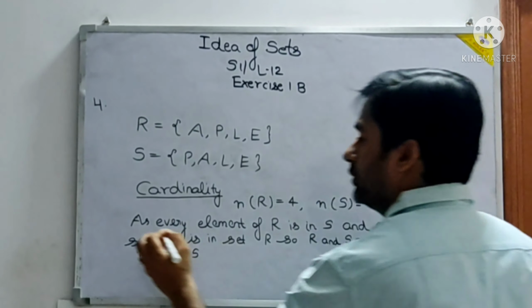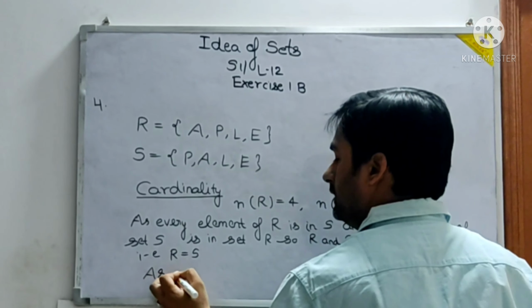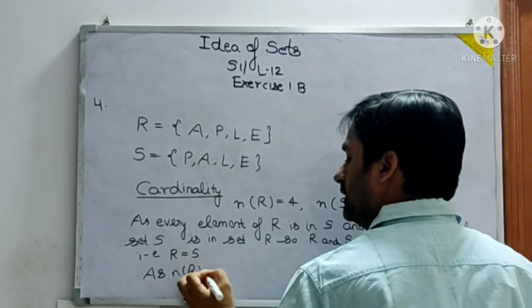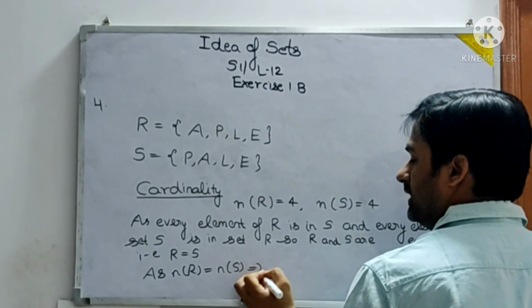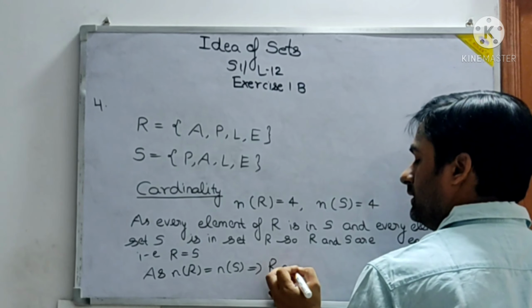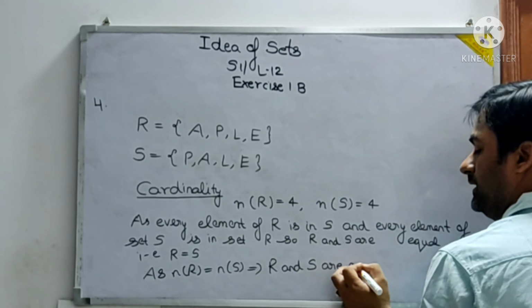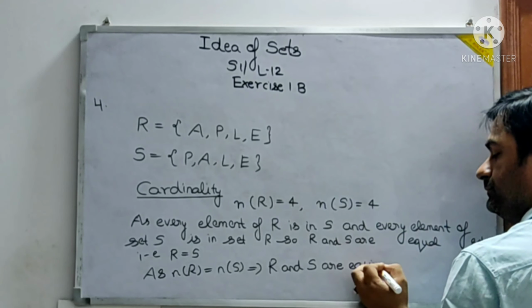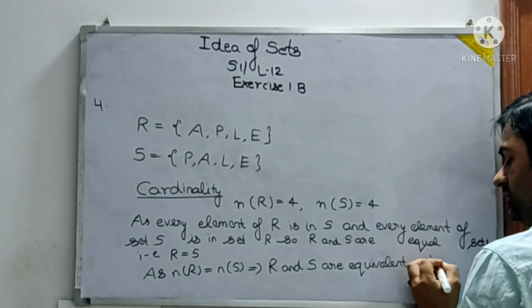And after this, one more point. As n of R is equal to n of S, this implies that R and S are equivalent sets.